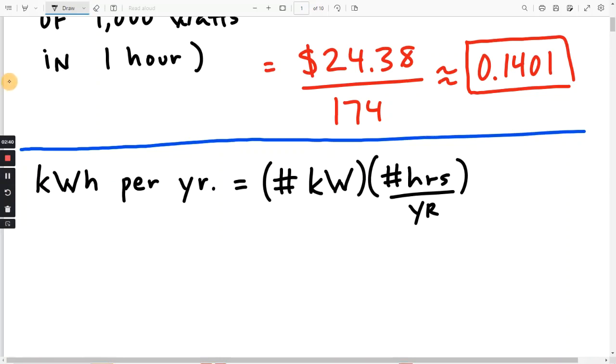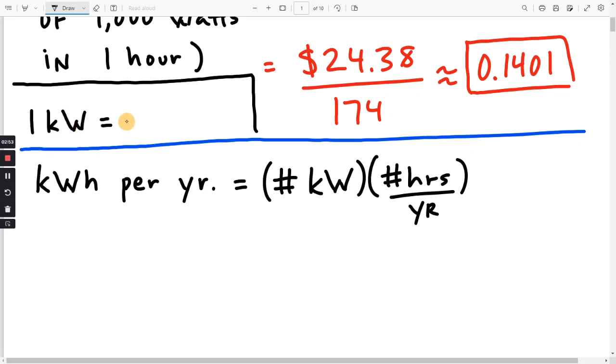Now, most of you know that the prefix kilo equals 1,000. So 1 kilowatt is going to equal 1,000 watts.